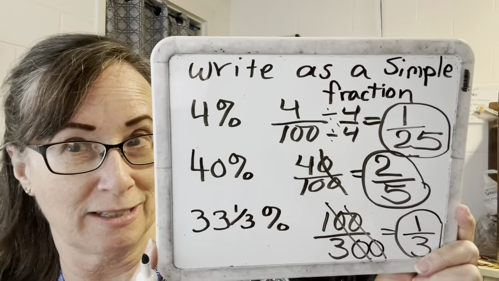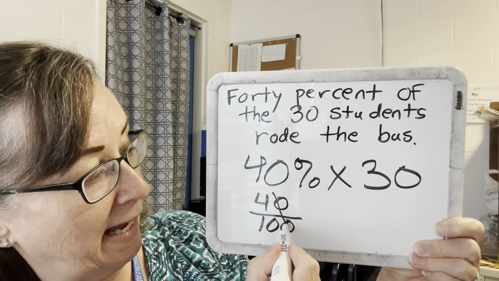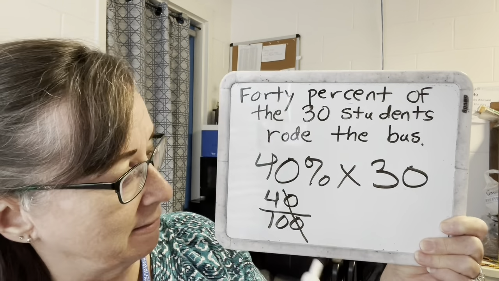Now 40% is 40 over 100, which can simplify by a 0 and a 0 easily, times 30 over 1. And can't the 10 on the bottom and the 30 on the top cancel each other out?